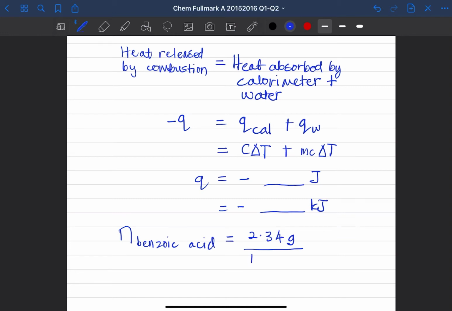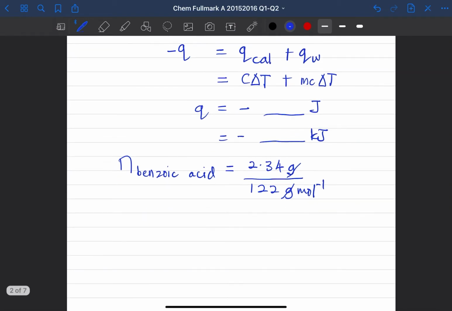The molar mass I give here is 122 gram per mole, so we cancel the gram. So now you have mole of benzoic acid 0.01918 mole.